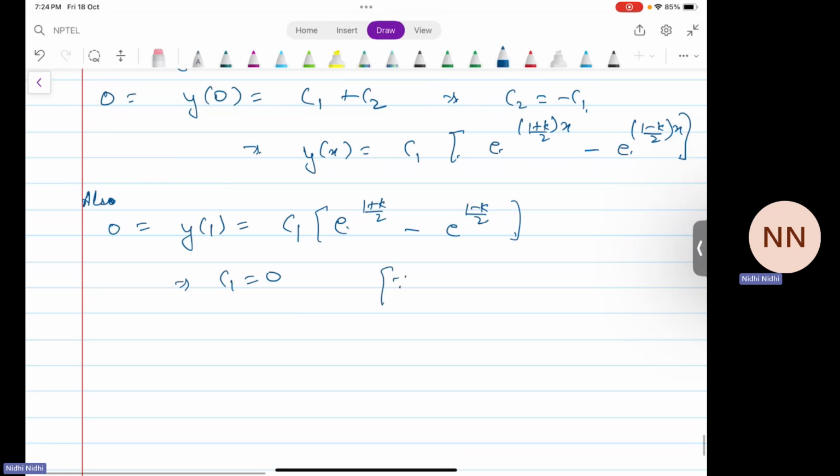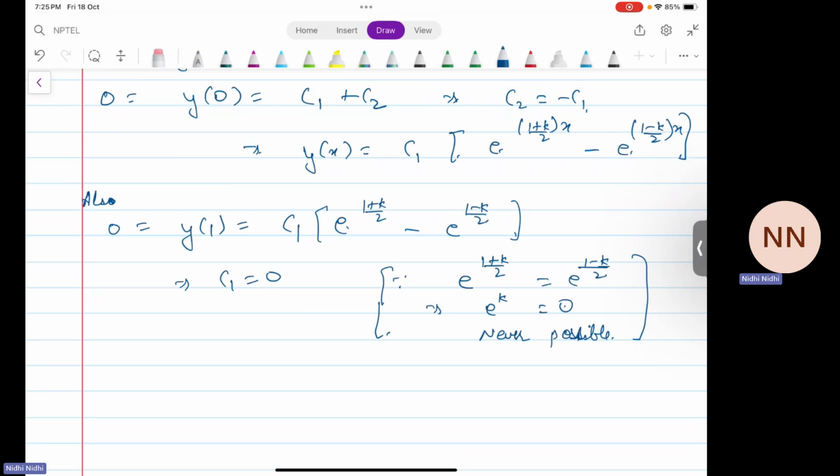Because if c1 is non-zero, in that case e to the power (1 plus k)/2 is equal to e to the power (1 minus k)/2. So this will give us e to the power k is 1, which is never possible, because we know that e to the power x is always non-zero.